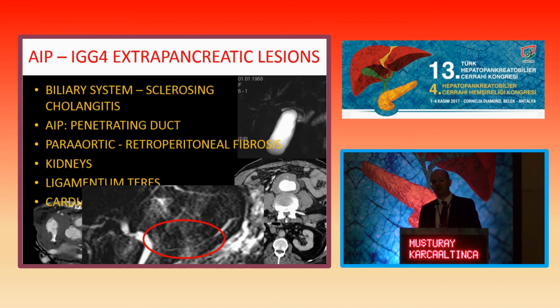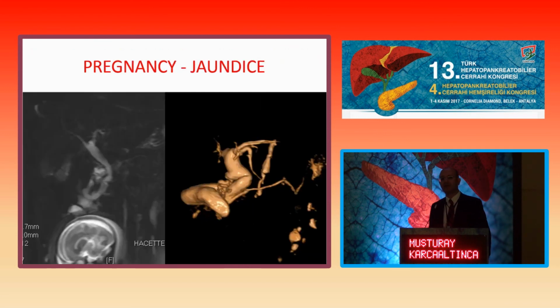So this is a very useful sign for us to diagnose this benign etiology, because if you try to biopsy these patients, it's difficult, and all you need to do is to look at the immunoglobulin G4 levels. So if it's elevated, you need to give the patient steroids, and they have amazing improvement in the clinical and also in the radiological findings.